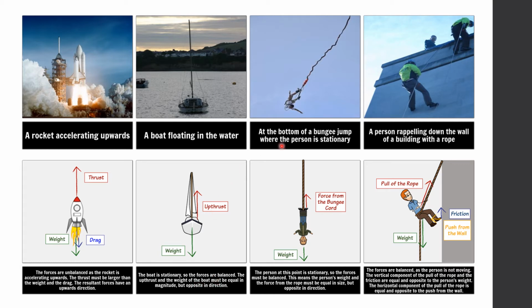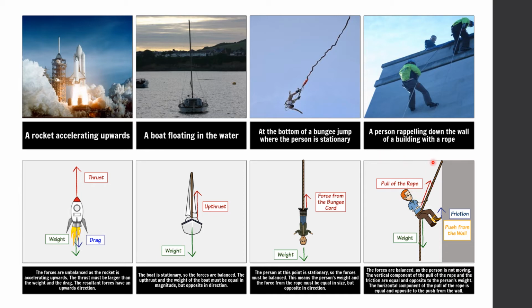The third is a person bungee jumping. At the bottom of a bungee jump, where the person is stationary, the weight is downwards, and then you have the tension force in the string. Last is a person rappelling down the wall of a building with a rope.